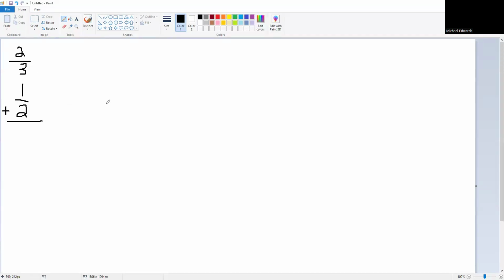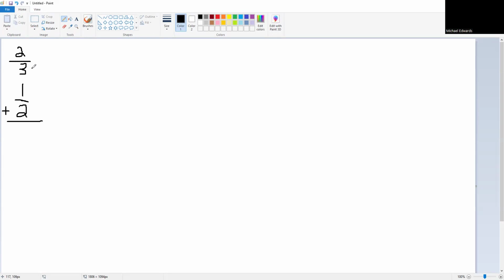So the first thing we would do is find the least common denominator. That would be something that would fit both of these. Sometimes you just multiply these two together. So this would be 6. So the least common denominator should be 6.